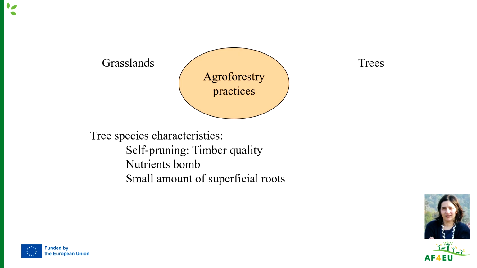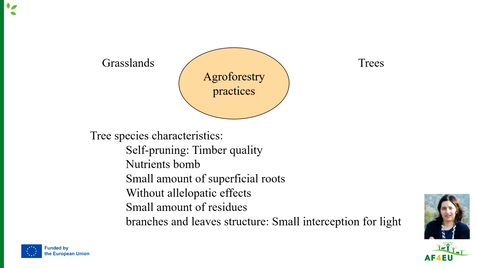A small amount of superficial roots is very important because then the competition with the crop is smaller, without allelopathic effects, because then understory growth is allowed, producing a small amount of residues to reduce the effect when you sow a crop, or to allow grasslands to grow up as soon as possible.